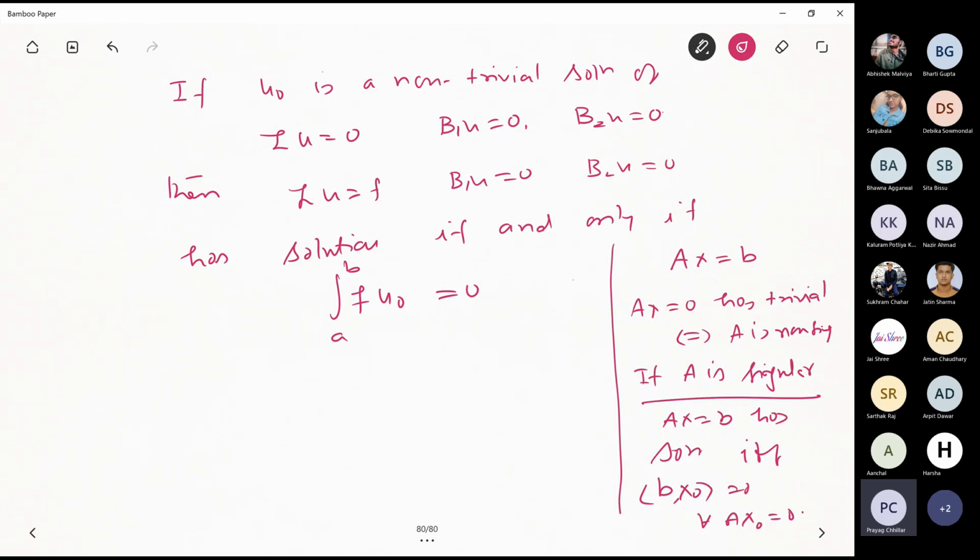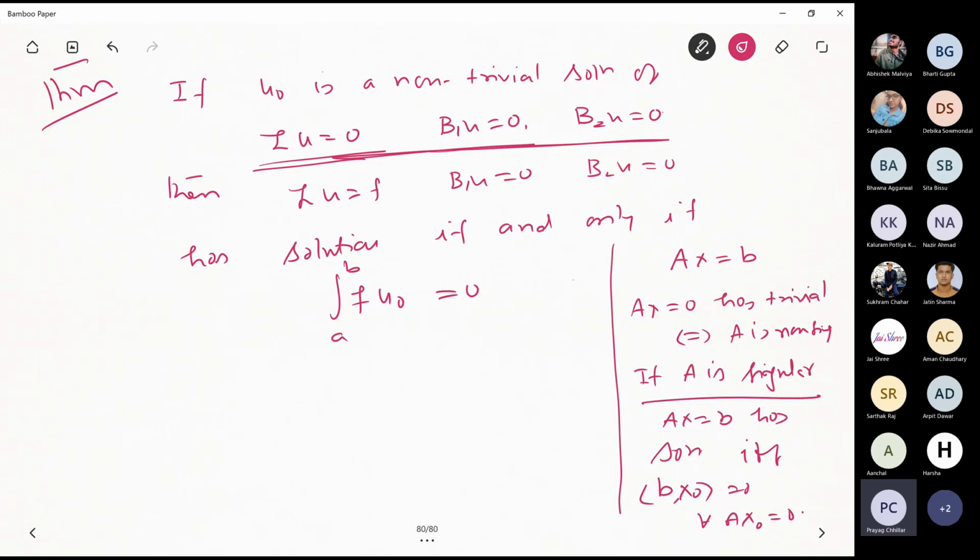So this theorem is in the same spirit. The equation Lu equals 0 is the homogeneous equation, the same as the homogeneous system here. If the homogeneous equation has only the trivial solution, it is a non-singular phenomenon.